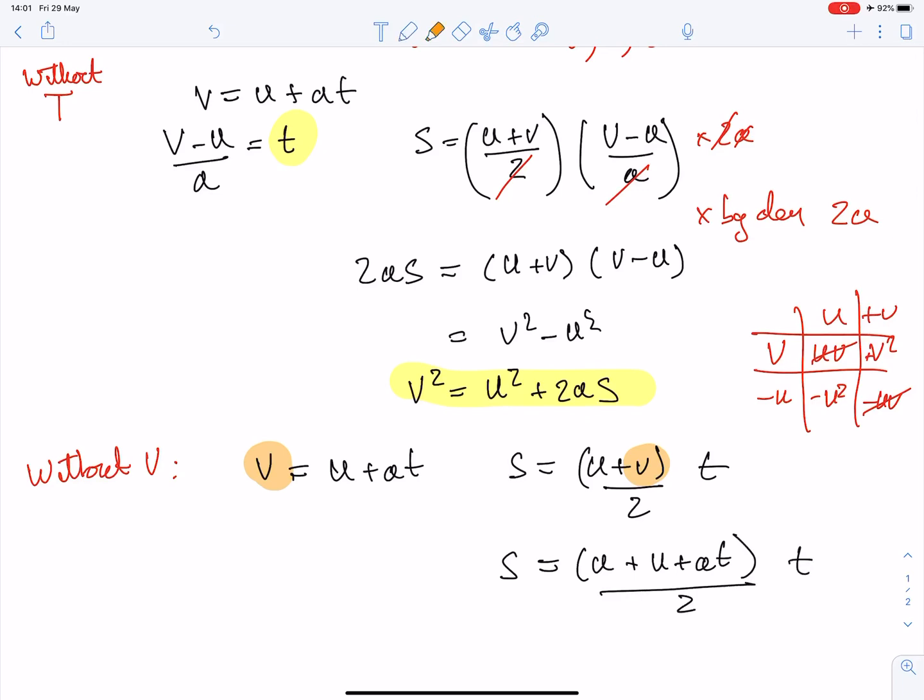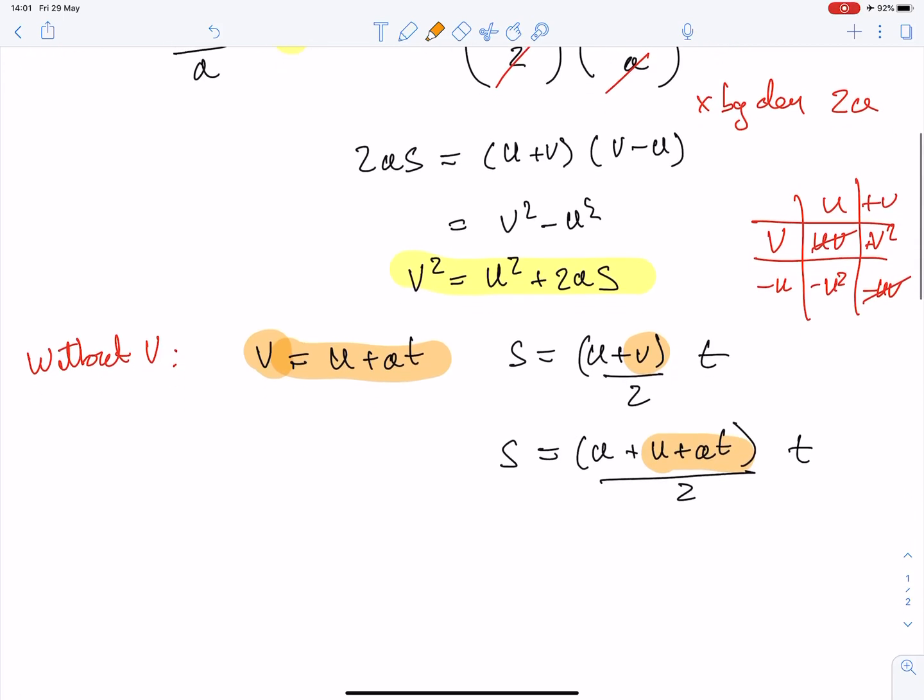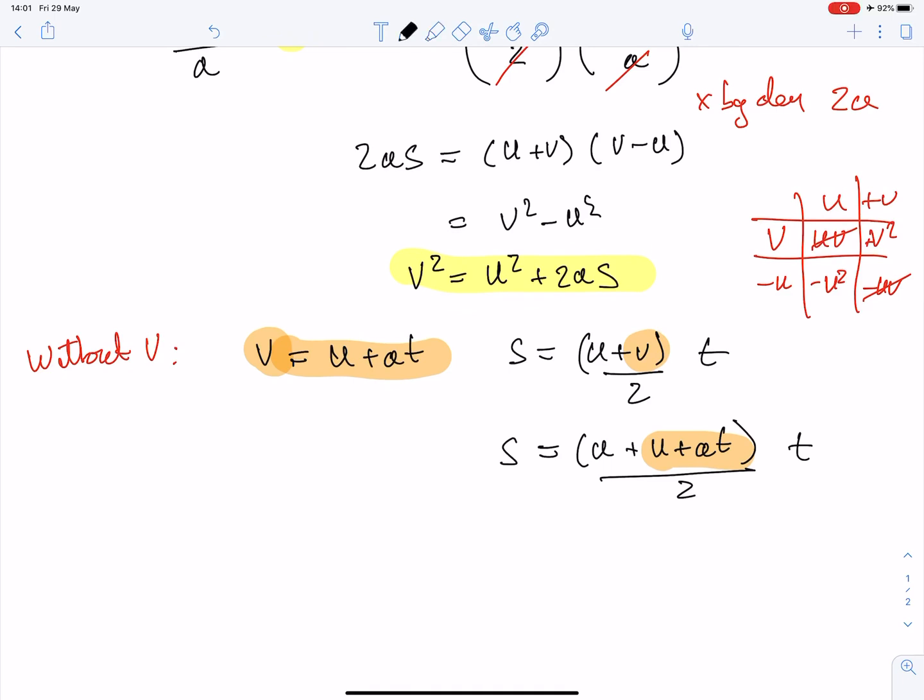So we've substituted in for the v with u plus at. If we now expand that, we get 2u over 2, that is u times t to give us ut, plus a half at squared. So that is our fourth equation, the one without v.